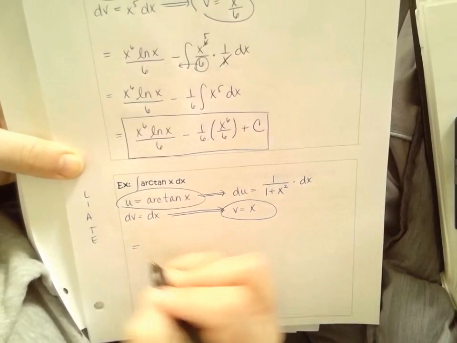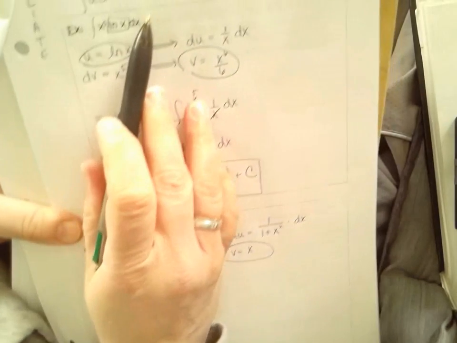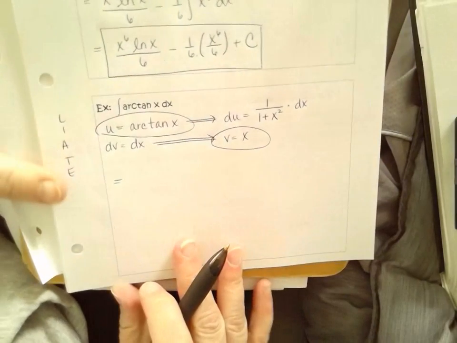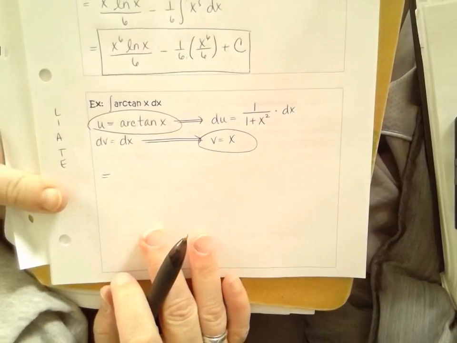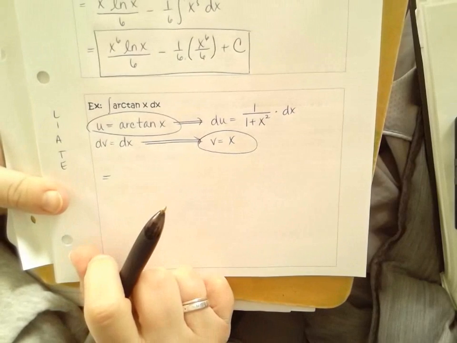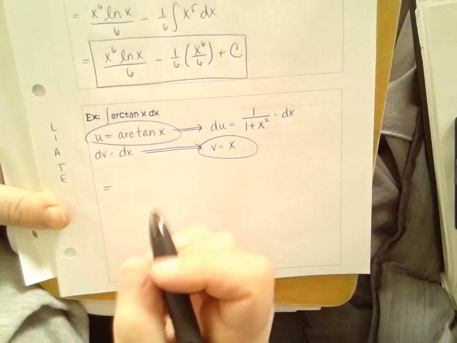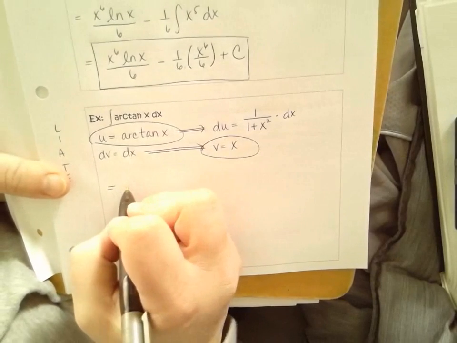I'm going to give you a second to fill in the blanks of uv minus the integral of v du. And hopefully you have that.